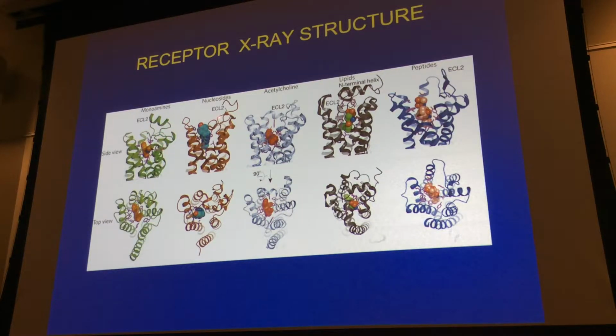G protein coupled receptors come in all different kinds of flavors. You have subfamilies: monoamine receptors, nucleosides like adenosine, acetylcholine, lipids, which would include cannabinoid receptors, and peptide receptors. They all have slightly different structures. I don't have time to go into this, but the structures of these things are pretty well worked out.